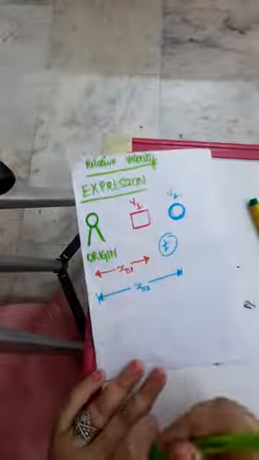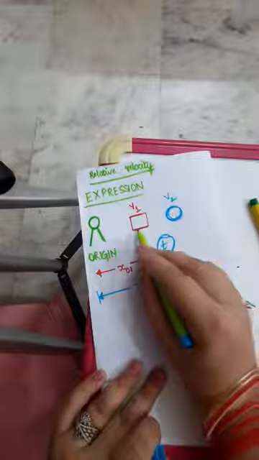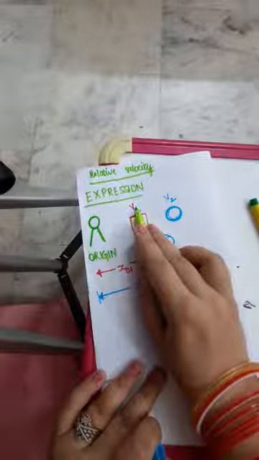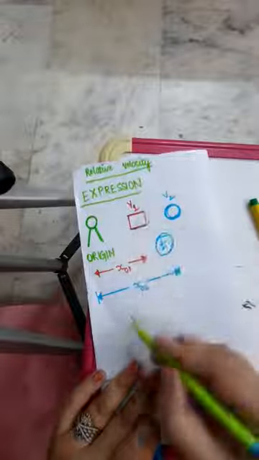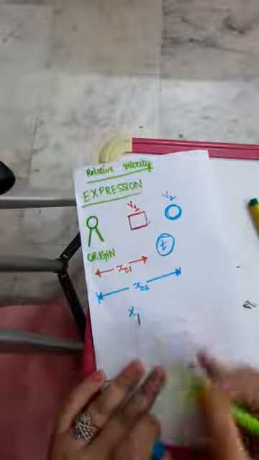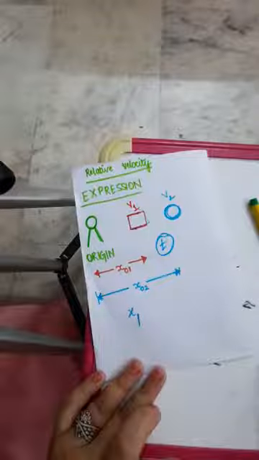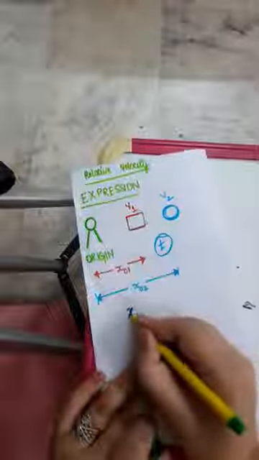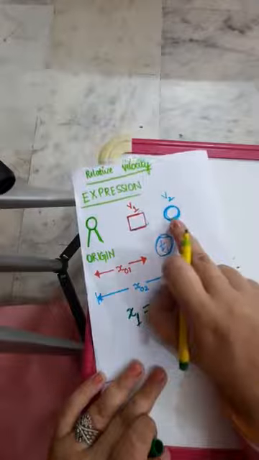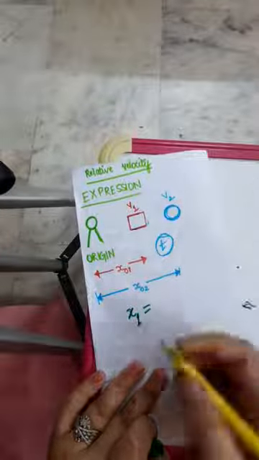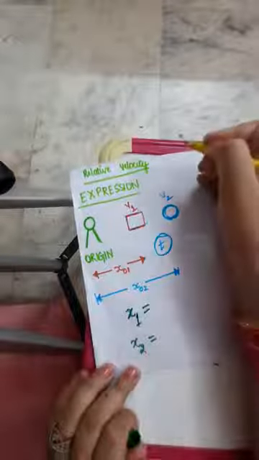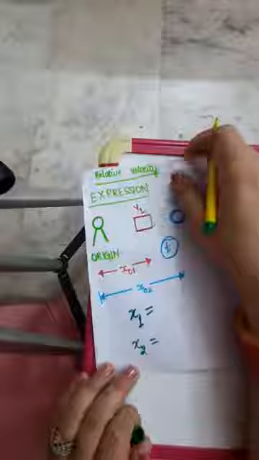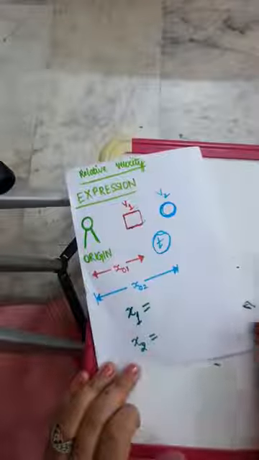So suppose after t seconds, when this body was moving with velocity v1, it got away from the origin by the distance x1. And when this other body was moving, after t seconds, it got away from the origin by the distance x2.